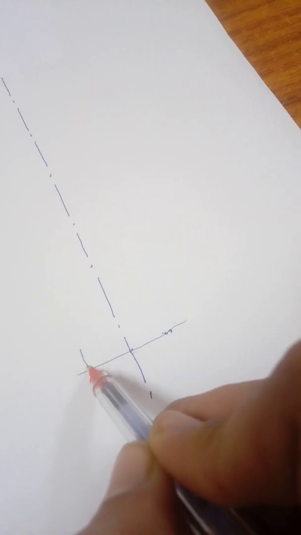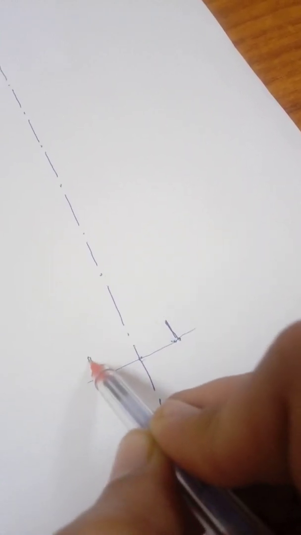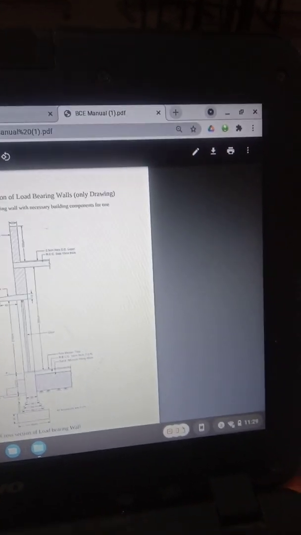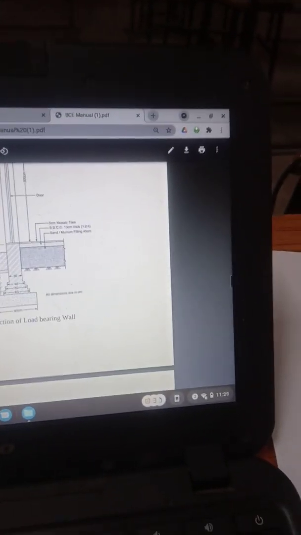Then the thickness of the foundation is given as, sorry, thickness of the foundation, let us see what is shown. 30 centimeter is there. Thickness is 30 centimeter.